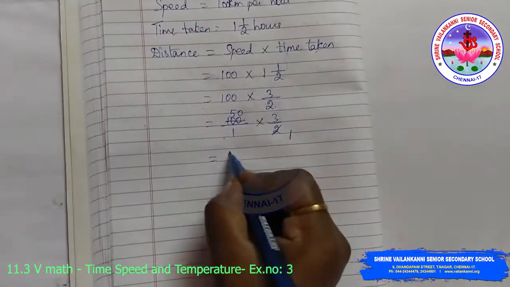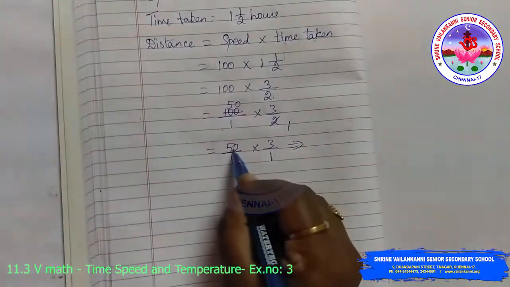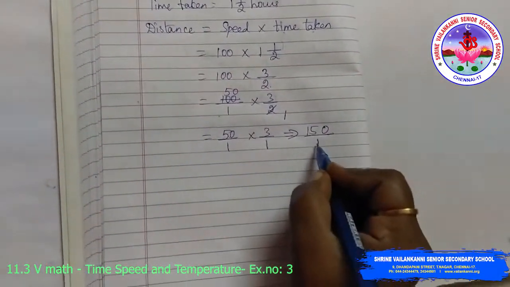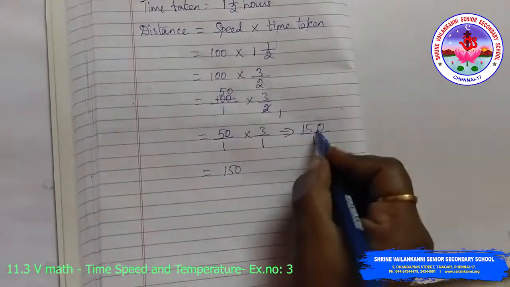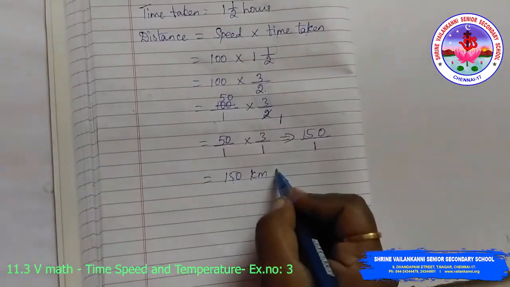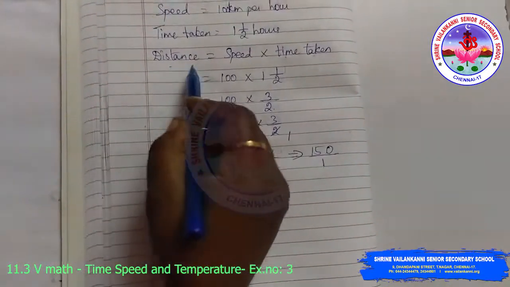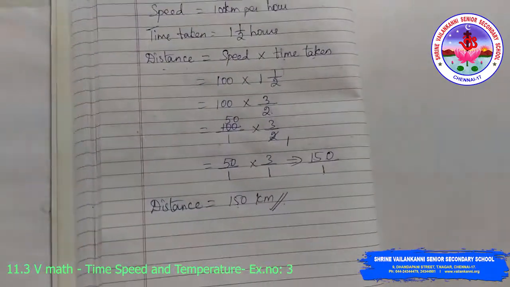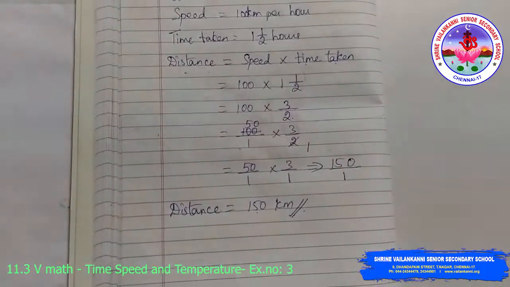So now it is 50 by 1 into 3 by 1, which is 50 into 3, and you will get 150 by 1. Any fraction which has 1 as denominator, you can treat the numerator as a whole number. So 150 kilometer. The distance is 150 kilometer. Okay, we'll go with one more example to find the time taken.